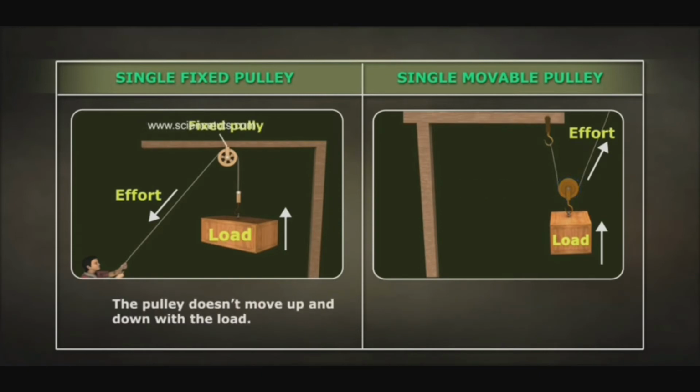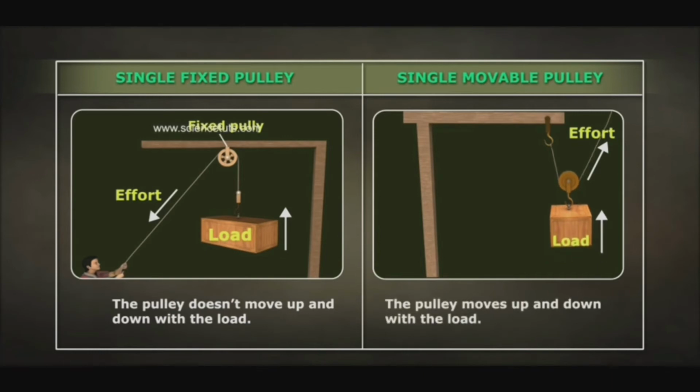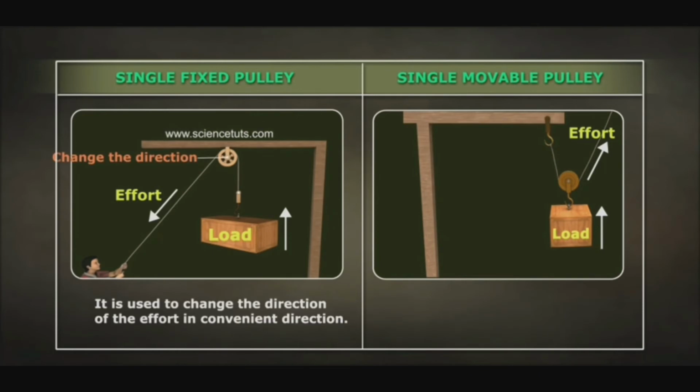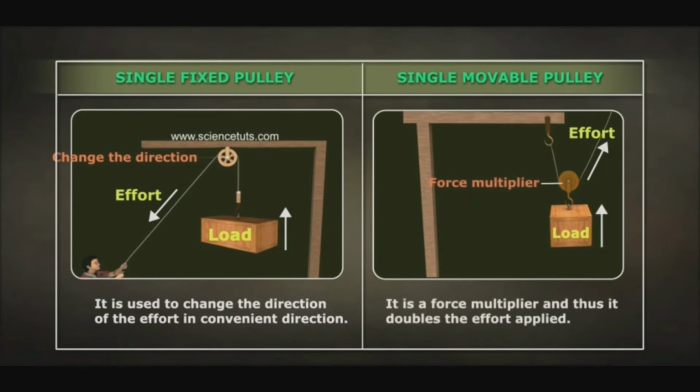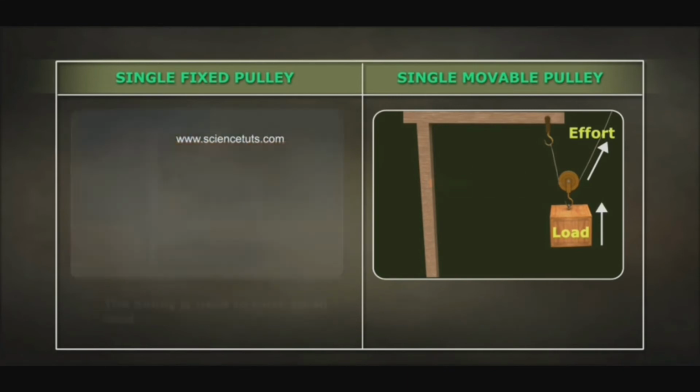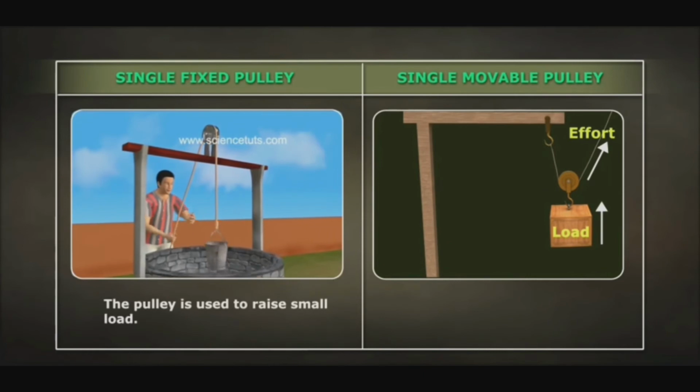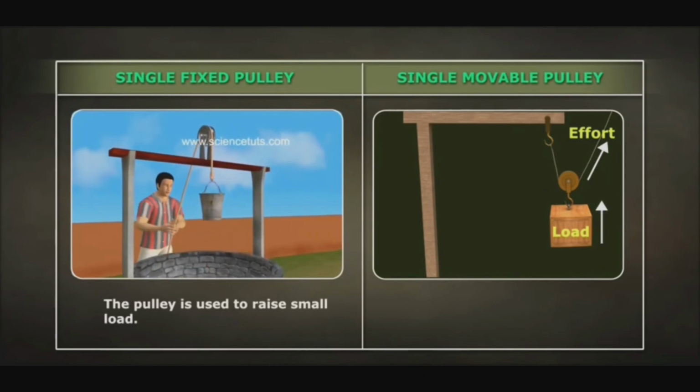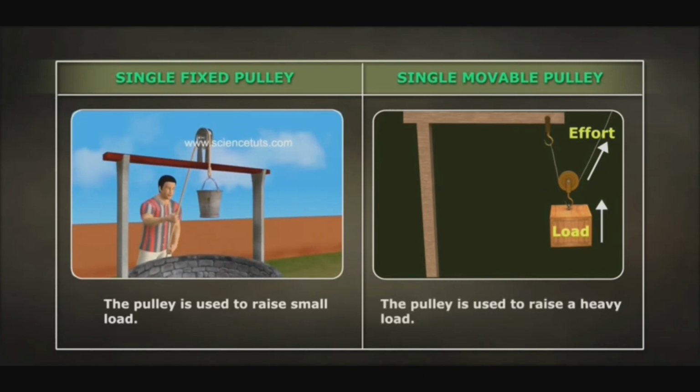So the pulley doesn't move up and down with the load in a fixed pulley, whereas the pulley moves up and down with the load in case of movable pulley. A fixed pulley is used to change the direction of the effort to a convenient direction, whereas the movable pulley works as a force multiplier, and thus it doubles the effort. The fixed pulley is used to raise a small load, whereas the movable pulley is used to raise a larger load.